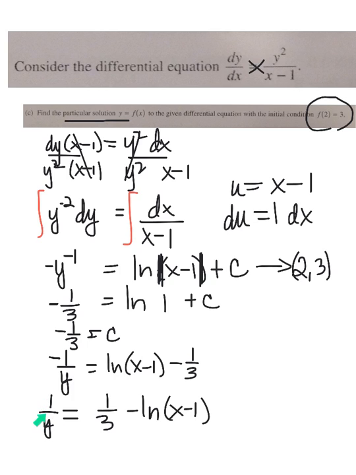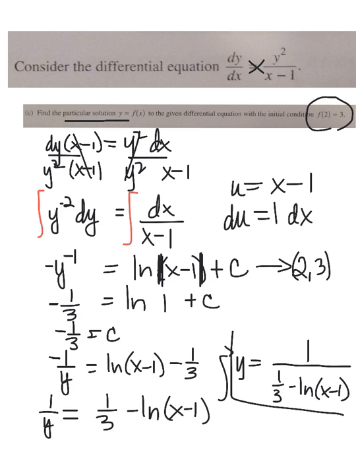So I'm going to take the reciprocal of this. So I'm going to get y equals 1 over the quantity 1/3 minus the ln of x minus 1. See, that's taking the reciprocal, and that will be our final answer.